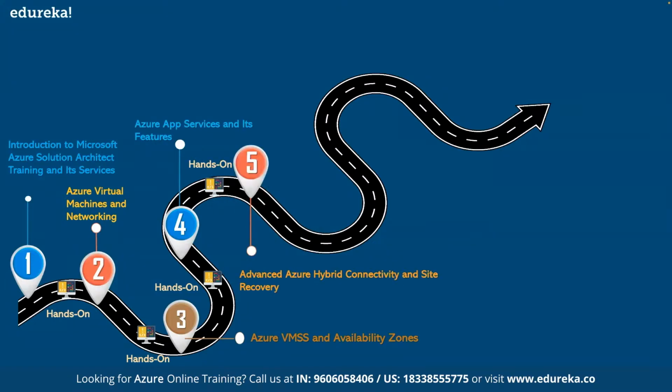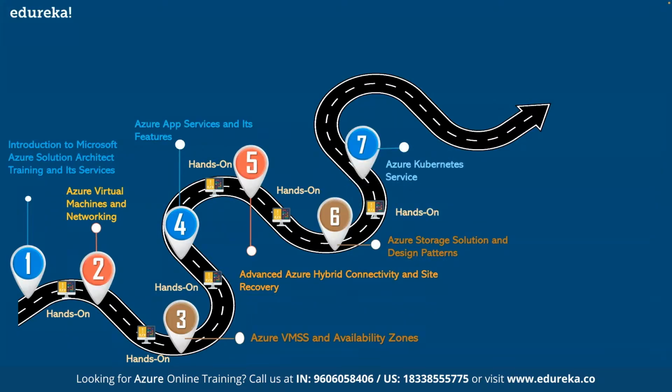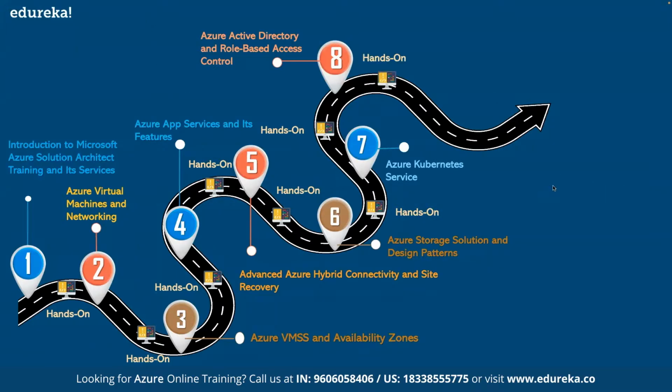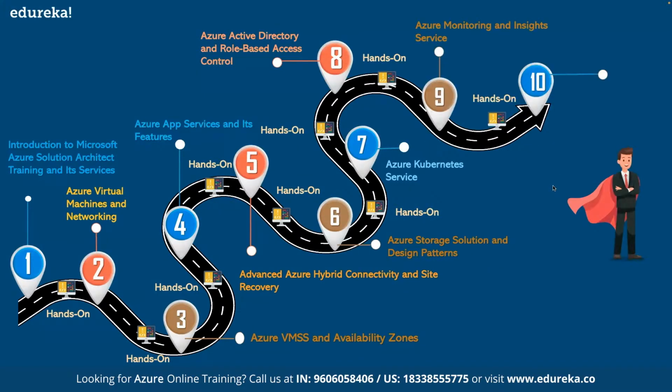Module 5 is advanced Azure hybrid connectivity and site recovery. And module 6 is about the data storage solution and the design patterns in Azure. Module 7 is about the Azure Kubernetes Service, which is also known as AKS. We have got Azure Active Directory service and role-based access control. And modules 9 and 10 are about the monitoring and insight services from Azure.